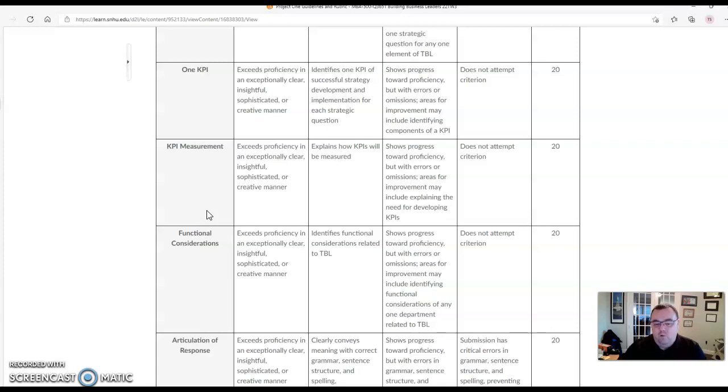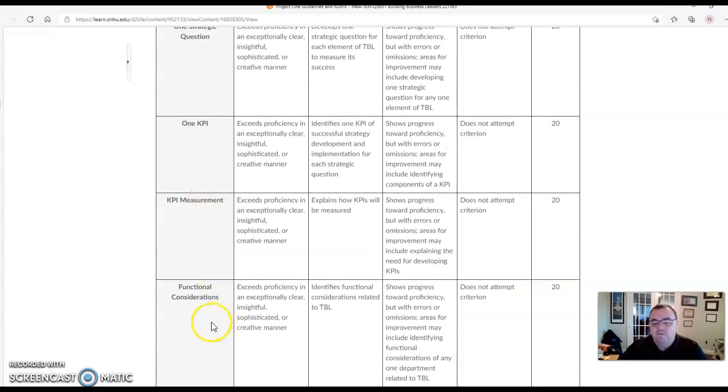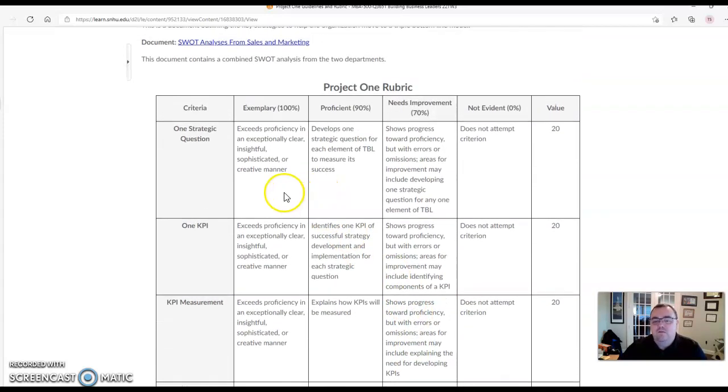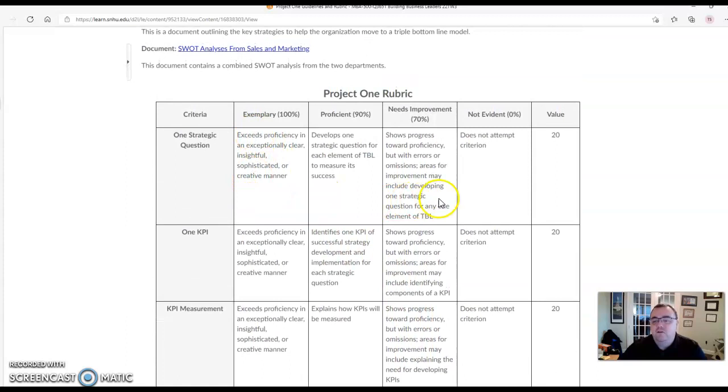That's what I'm looking for. Functional departments are sales, marketing, human resources, IT, finance, legal. Those are the functions. So how are these items going to affect that, right? And if you want to get 100%, make sure you cover everything in here.